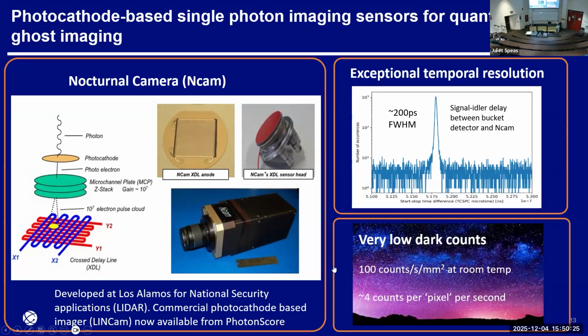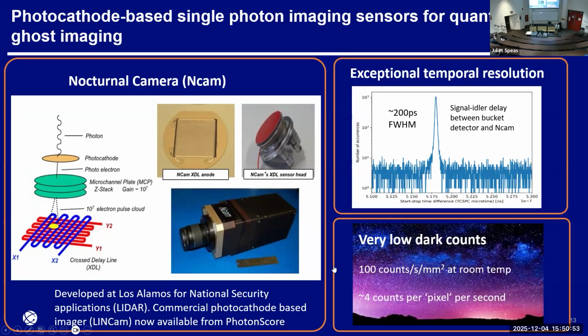It's got a full width half max of 200 picoseconds, but this includes both the IRF of the SPAD and the camera. Even before we had images, when I saw that we could get a correlation peak that was 200 picoseconds wide off of a sensor surface that was 1-inch round, it just blew me away, because a lot of times when you're trying to do fast single photon timing, you have very, very small sensor surfaces.